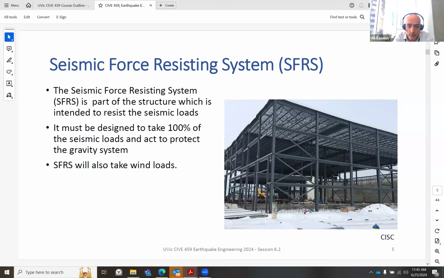Therefore, the vertical load resisting system was damaged and the structure collapsed under the self-weight. So basically, SFRS is actually protecting the vertical load carrying system as well.